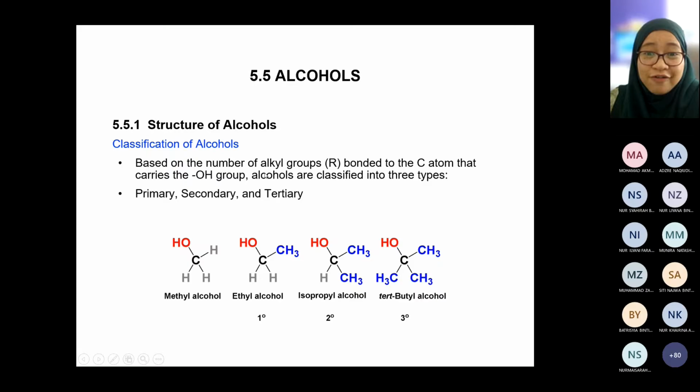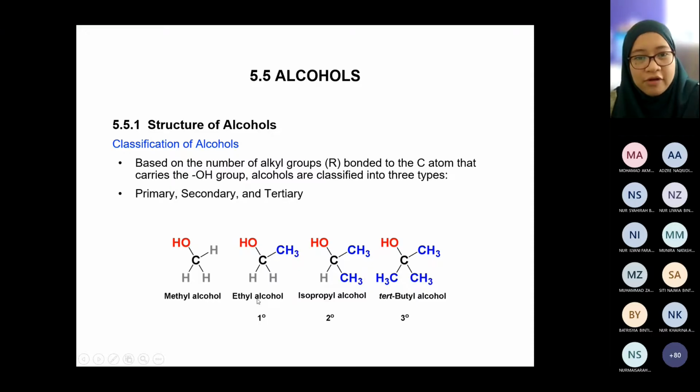Classification of alcohol. I'm not going to go into detail on this. It's basically the same as alkyl halide last time. It depends on the carbon that the OH is directly attached to. For example, this is a primary alcohol. Why is it primary alcohol? Because this OH is attached to this carbon, and this carbon is a primary carbon because it is only attached to one other carbon.